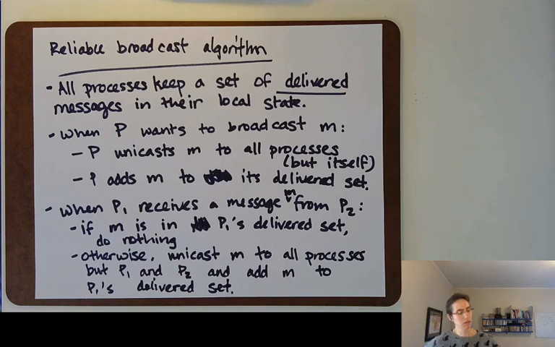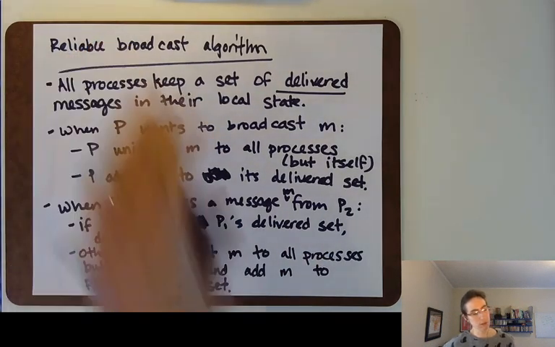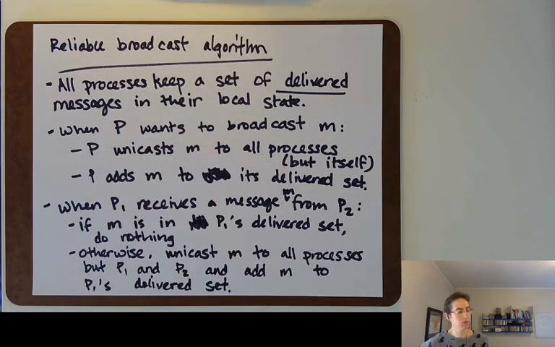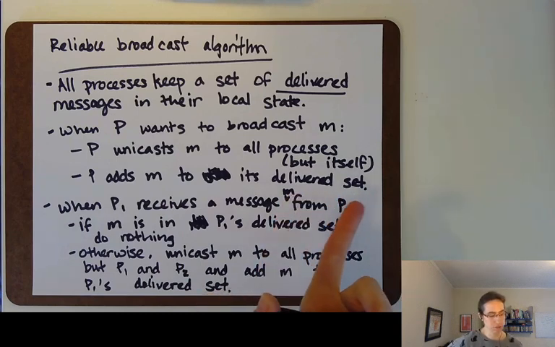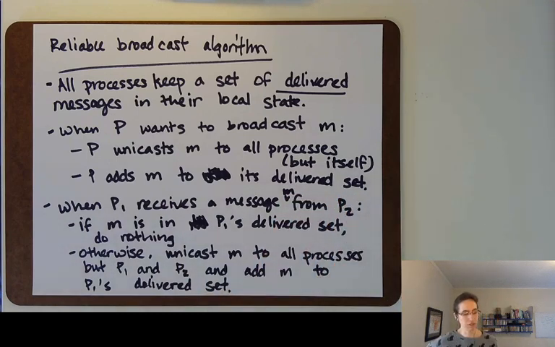So unicast is the primitive by which we're implementing things like broadcast. So you can then unicast to everybody but yourself, and then you add that message to your delivered set, meaning the message has been delivered at yourself. You can think of it as having sent it to yourself and delivered it at yourself. And then when anybody receives a message, if they've already received and delivered that message, then they don't have to do anything, right? Otherwise, they pass it on to everybody else, and then they add it to their delivered set.